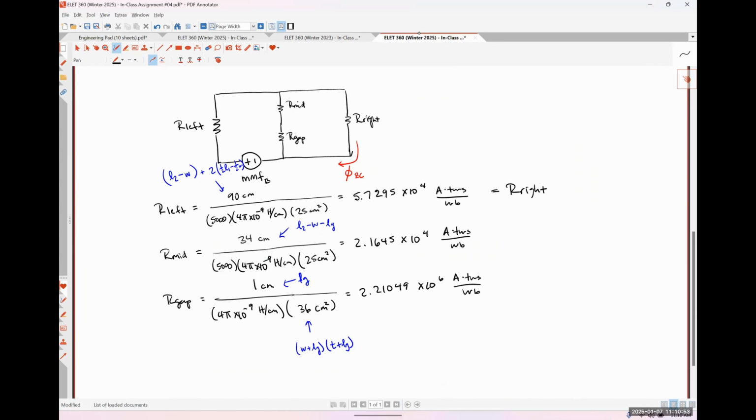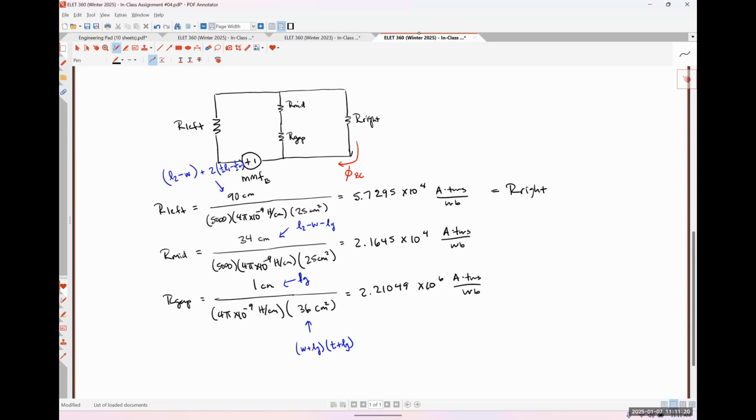Okay. I see what you're saying there. So if we made the area larger, that makes the reluctance smaller. Okay, so I understand that, but you also have to take into account that the permeability of the air gap is on the order of thousands lower than the permeability of the core material.